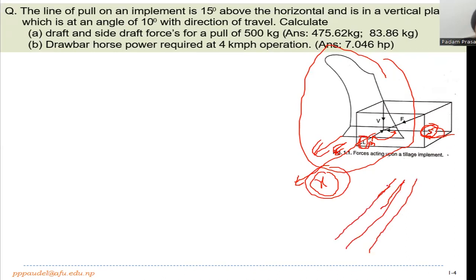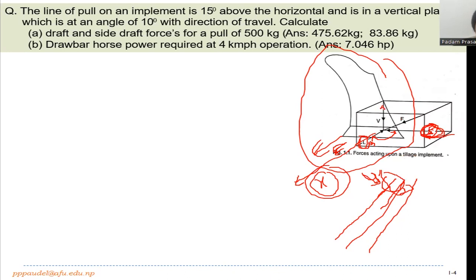If some force acts upon that implement here, under that condition the implement cannot escape to the side, and it maintains a proper line of furrow. Okay, that is the side draft. It also maintains the side suction.